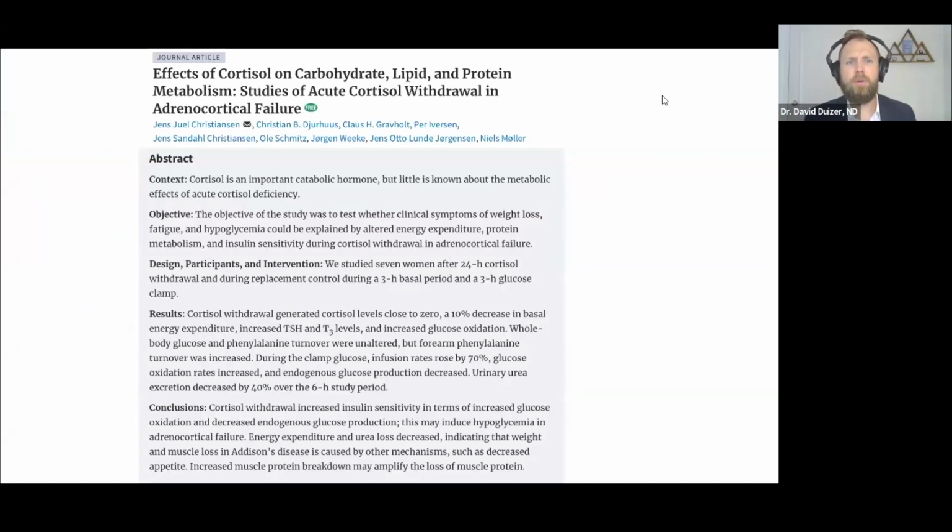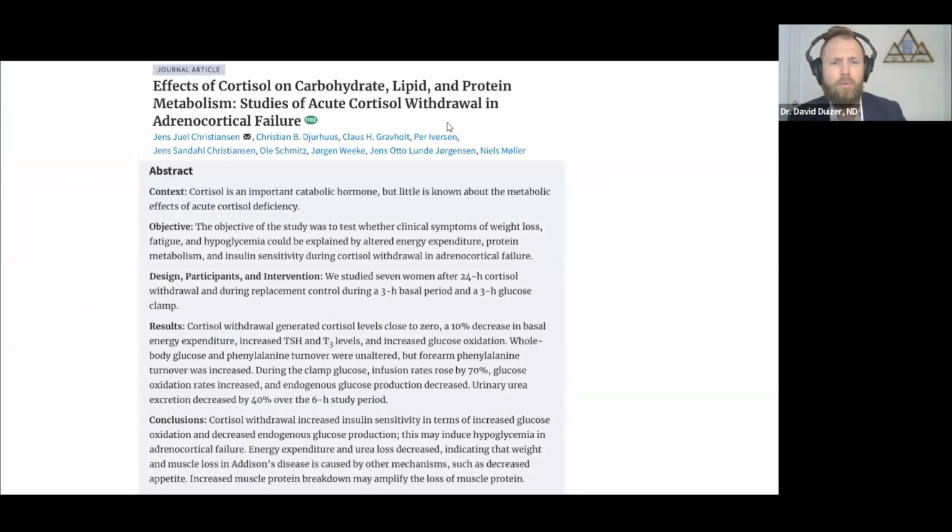Another quick study to review is looking at cortisol in calorie burn: cortisol on carbohydrate, fat, and protein metabolism, the studies of acute cortisol withdrawal and adrenal cortical failure. I put this one in here to give a sense of what happens when someone is really stressed for a really long period of time. This is looking at it a different way. They're looking at people who have Addison's disease, which is where cortisol is incredibly low.